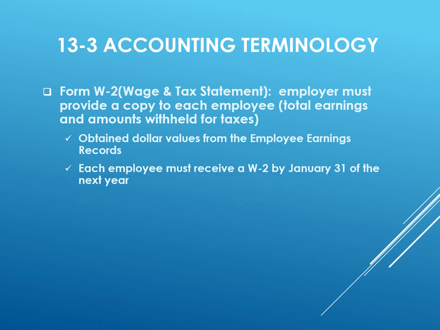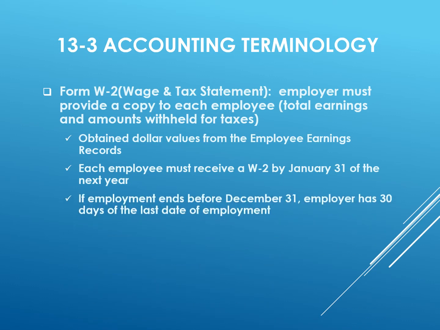Each employee must receive a W-2 by January 31st of the next year. If employment ends before December 31st, employers have 30 days from the last date of employment to get to the employee a Form W-2.